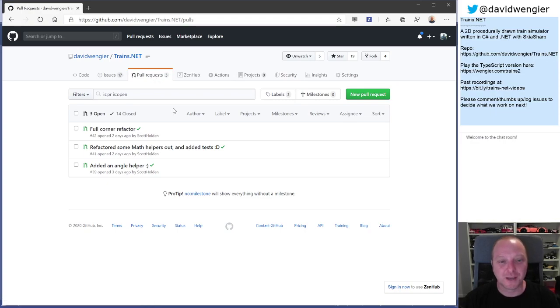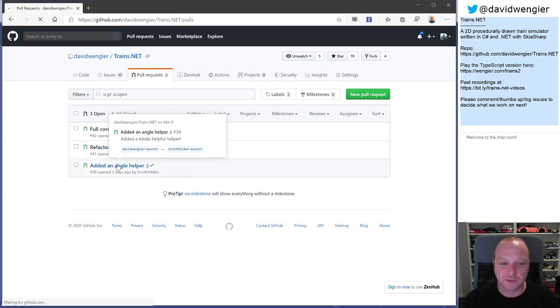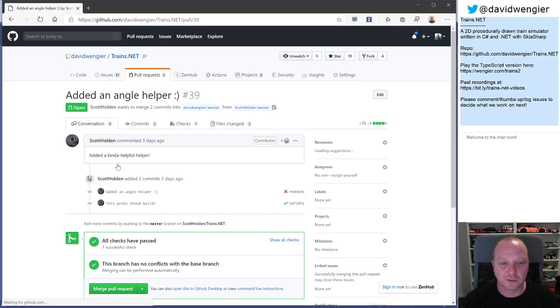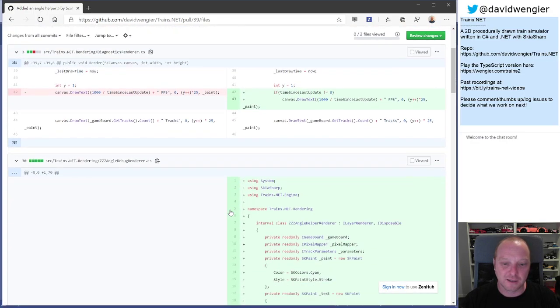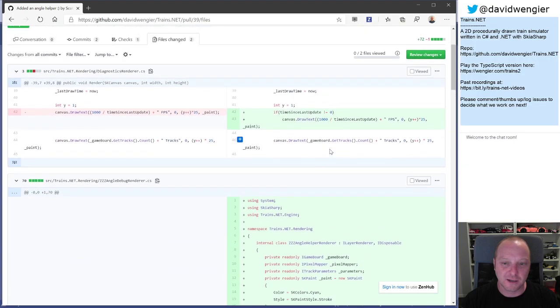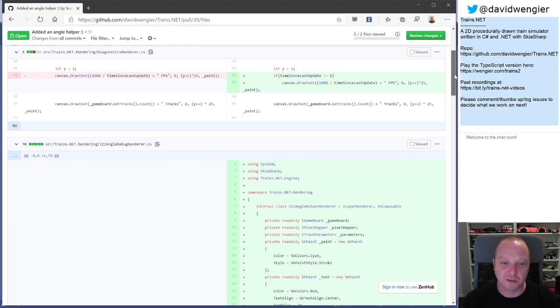Hold on. Let's look at pull requests. This is where I feel bad. So, 3 pull requests from Scott. A kinda helpful helper. The FPS, if it doesn't equal 0.